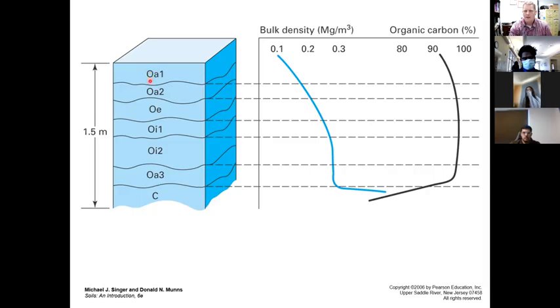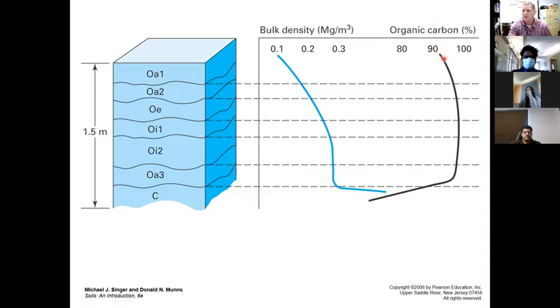Okay. And so we move down this profile, and eventually we get to a level that's called C. And this is where we get into mineral parent material. So we've got parent material down here, and basically up here is all organic matter. So it's plant material that's in various states of breaking down. And what you look at here, see, this is organic carbon, right? Carbon-based organic.